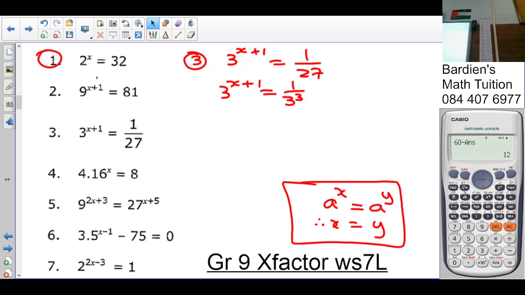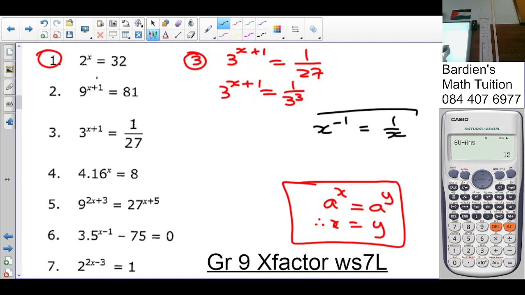Remember, what is x to the minus 1? Remember when we did exponents, we said x to the minus 1 is one over x. Don't you remember? Make a note there. x to the negative 1 is equal to 1 over x.